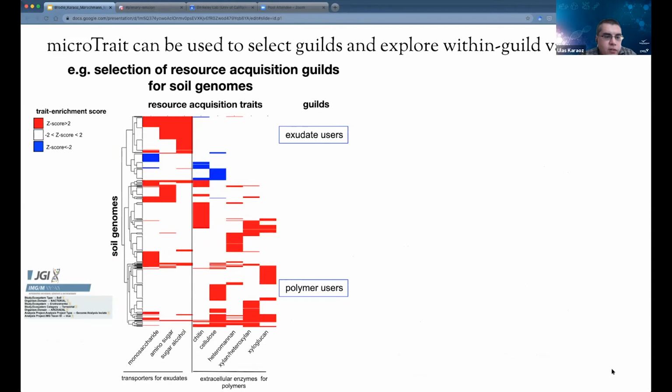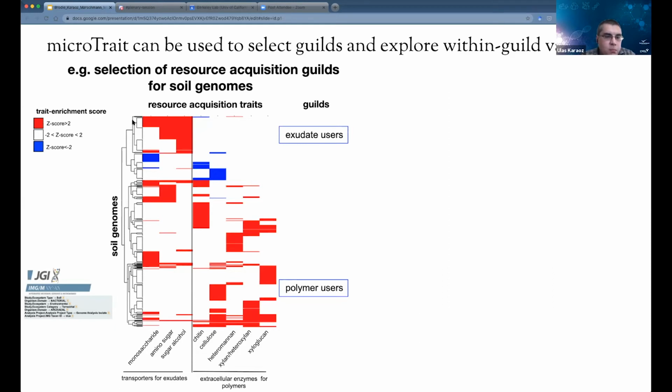The answer is going to depend on how detailed you want to go and how much complexity your model can handle. So that's a parameter. So here I show you the trait matrix for these soil genomes and for resource acquisition traits, and then represent each genome as an enrichment score of that trait compared to all other genomes. A red color means that that genome is statistically significantly investing in these resource acquisition traits.